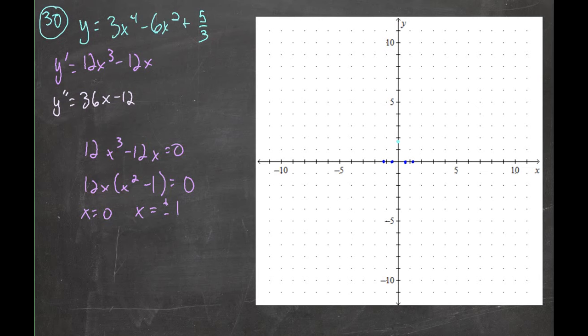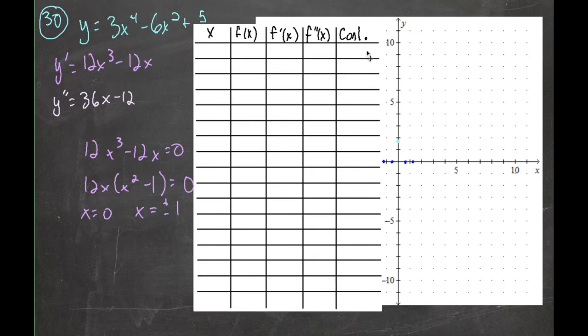Now, I'm going to do you a favor here, give you a heads up. We are going to also want to find the zeros of the second derivative, okay? And my heads up is in reference to this little chart that we have here.